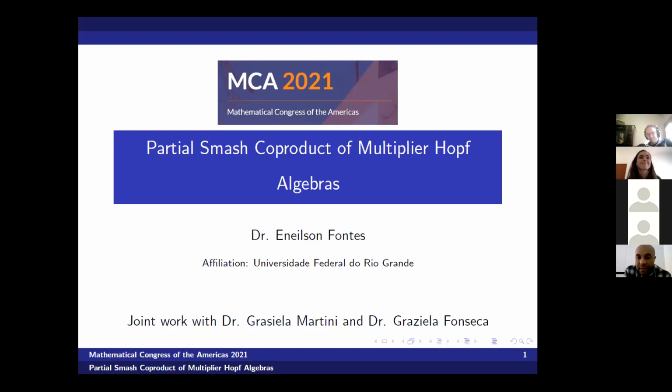One of the main references that we have for this kind of work are the papers produced by Van Dale, who introduced in 1994 the multiplier Hopf theory in the algebraic context. There are a lot of works written by Van Dale in this setting, dealing with actions, coactions, representations, co-representations, Morita-Galois theory, and so on.